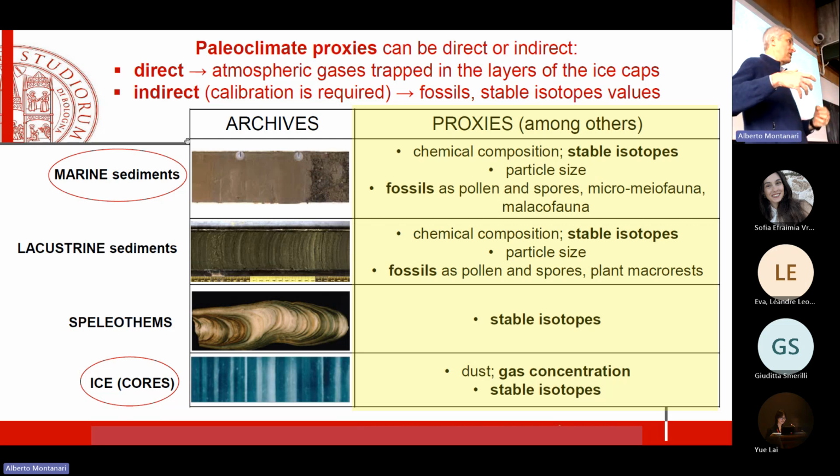CO2 concentration is another climatic variable which is very important. When I take an ice core, I can look for bubbles in the ice core and measure the CO2 concentration directly in the bubbles. This is a direct measurement.